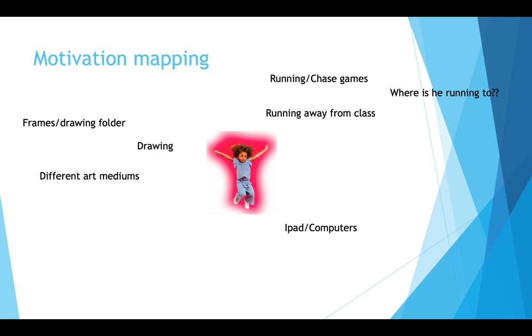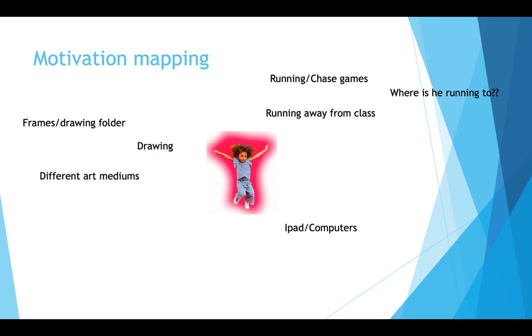Where is he running to? This is often something where we get so consumed with the fact they're running away from class, and that is wrong, and we need to correct that, that we actually don't take much notice about where they're going. Because if we took notice about where they end up, we might get an idea about which reinforcer they might actually benefit from.